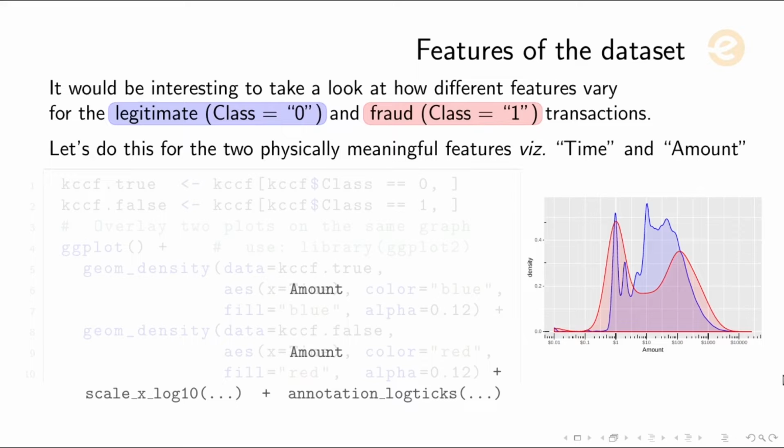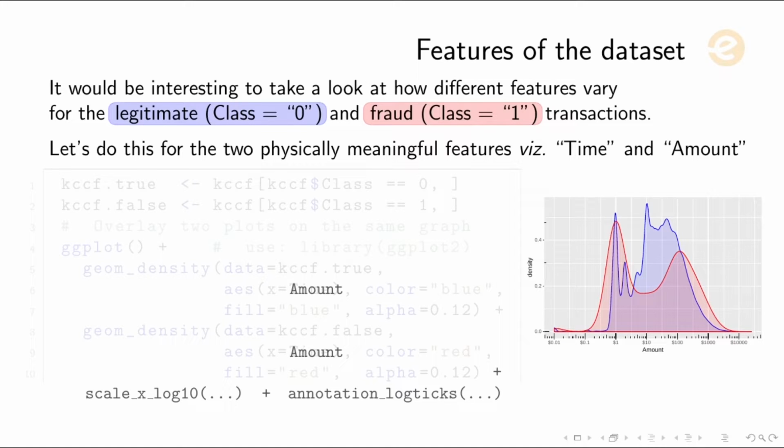Well, that is a very interesting feature about fraud transactions, that you can frame it as a thumb rule, that if you see transactions which are near about $1 or near about $100, there's a high chance that it could be a fraud.